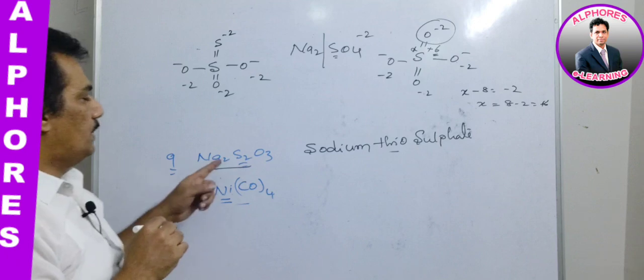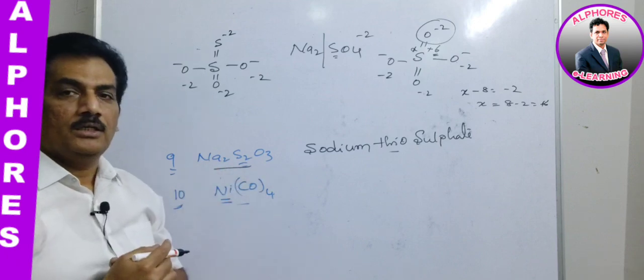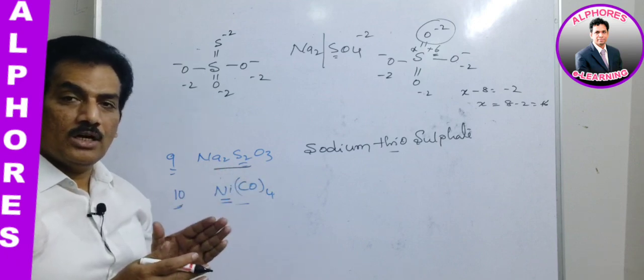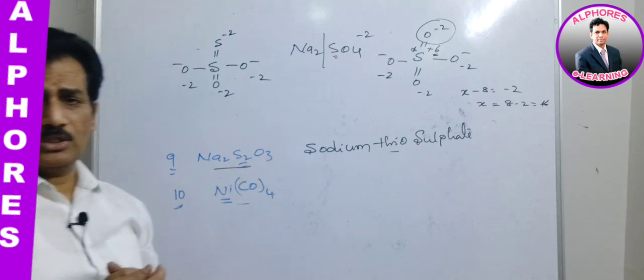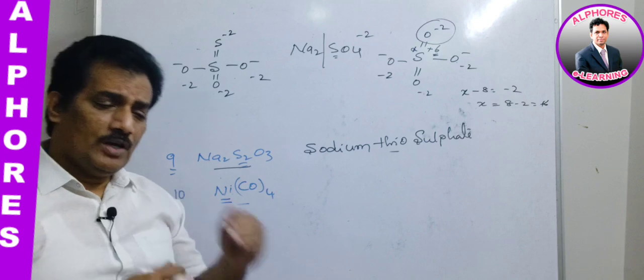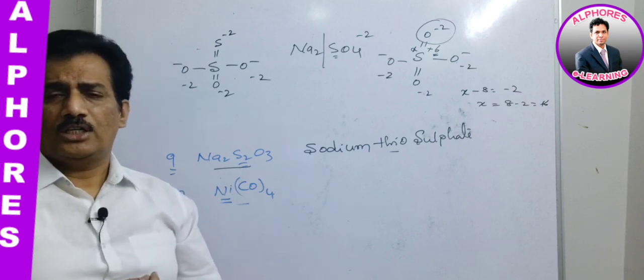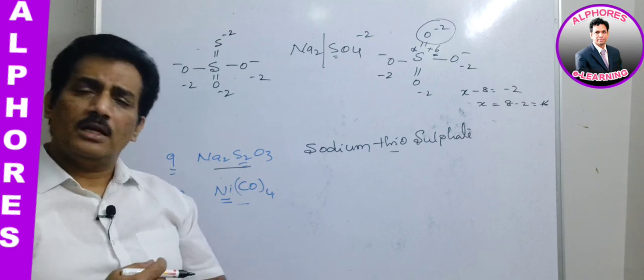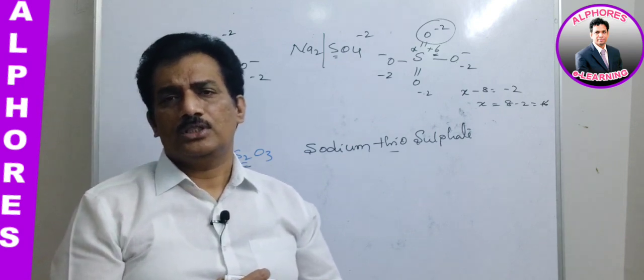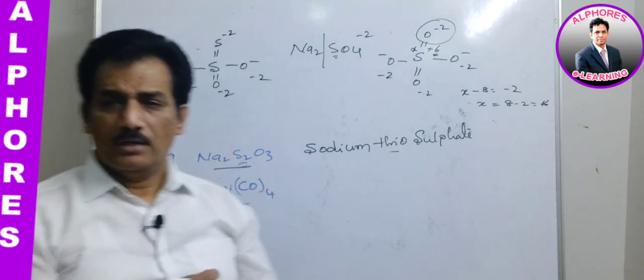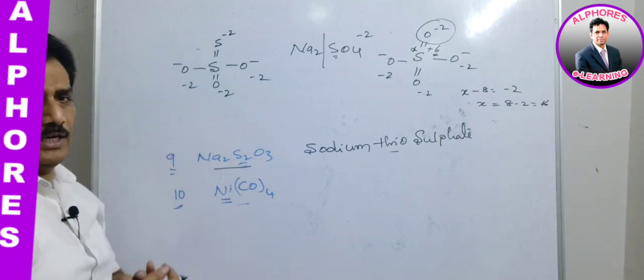So for this sodium thiosulfate, we have to consider the oxidation state only from the structure. That's why you need not worry about it. It is an exceptional case, you can remember. When you go through different chapters, it will appear here and there, and then you will get a thorough idea related to the oxidation state of these thiosulfates. Just for understanding purposes, I am providing this.